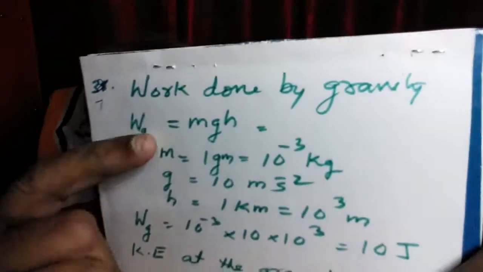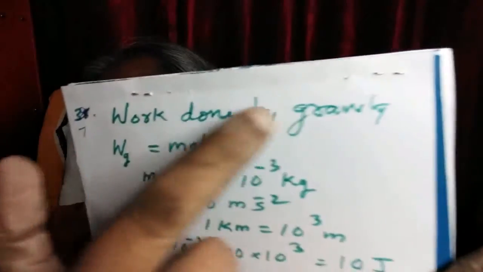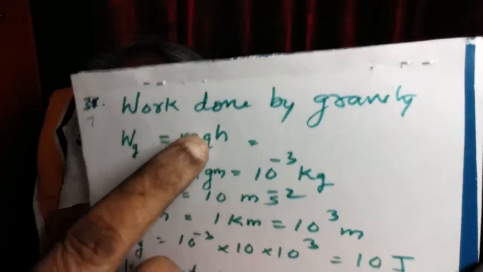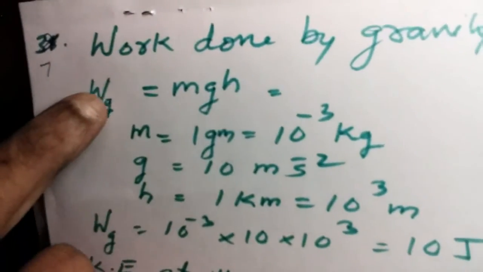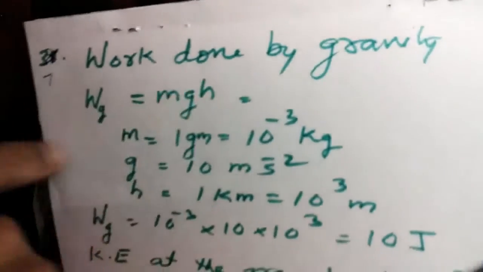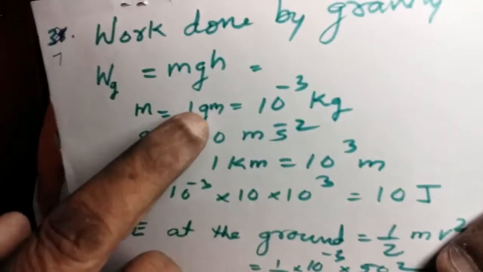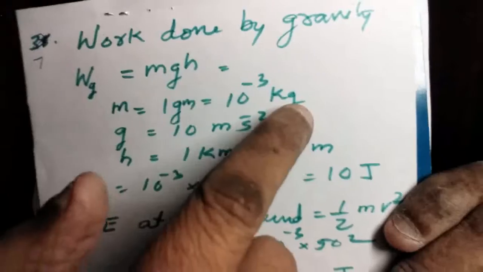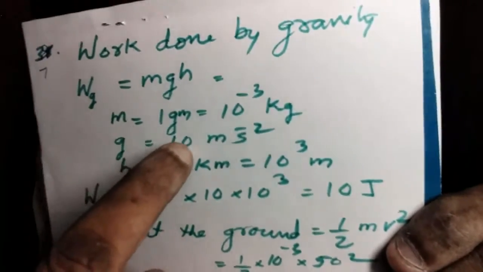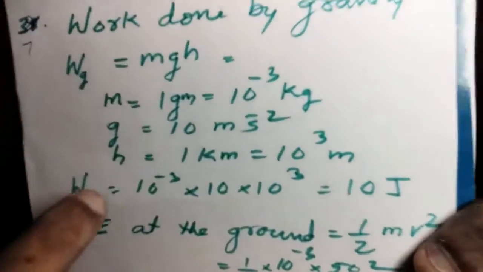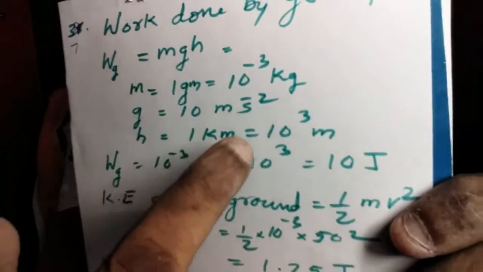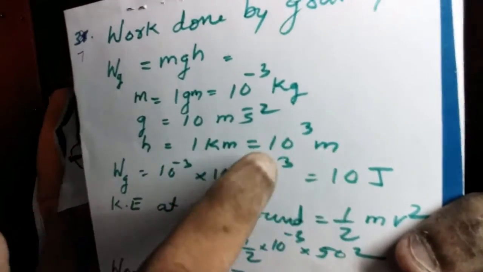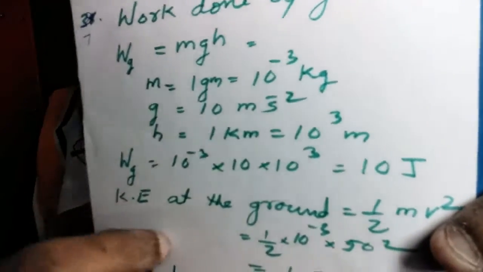Work done by gravity when a body falls from a height h is W gravity equals mgh, potential energy at the height h. Here m is 1 gram, that is 10 raised to minus 3 kilogram. g is given to be constant at 10 meter per second square. h is 1 kilometer, that is 10 raised to 3 meter, 1000 meter.